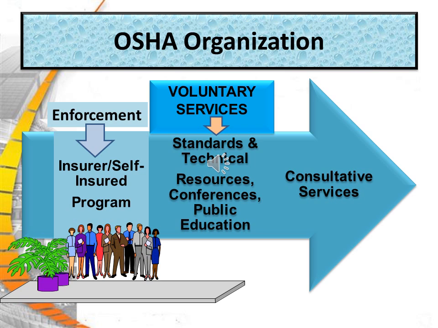The enforcement section has an insurer or self-insured program. The voluntary services section has a standards and technical department, along with a resources, conference, and public education section. And finally, there is a consultative services that is also part of the voluntary services.